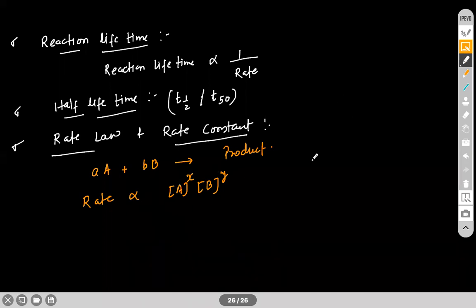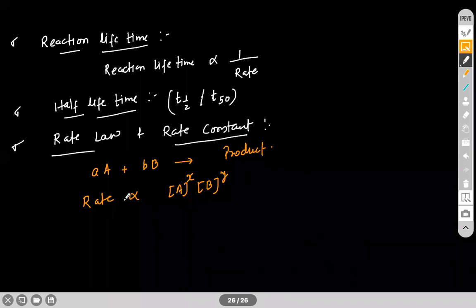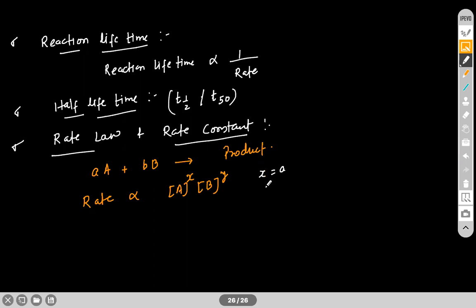There are reactions in which we can have x equal to a and y equal to b, the respective stoichiometric coefficients. This is possible, but we can have otherwise as well for some reactions.